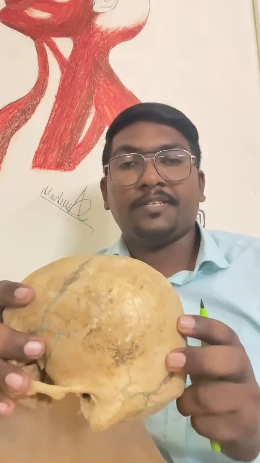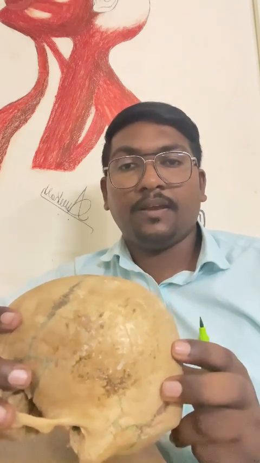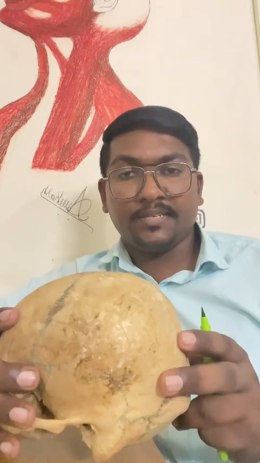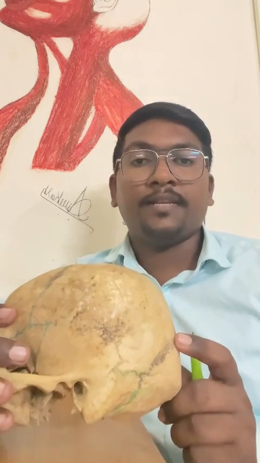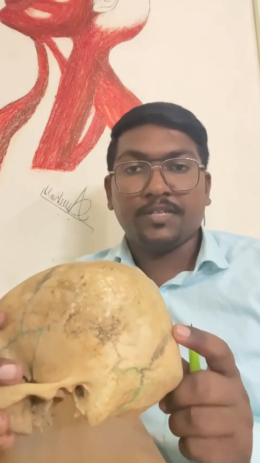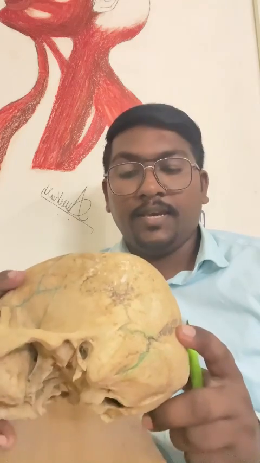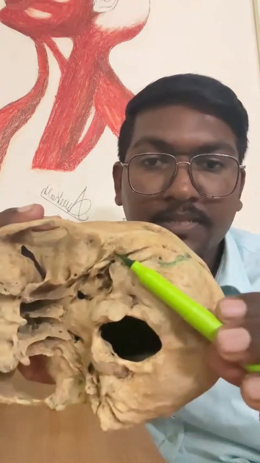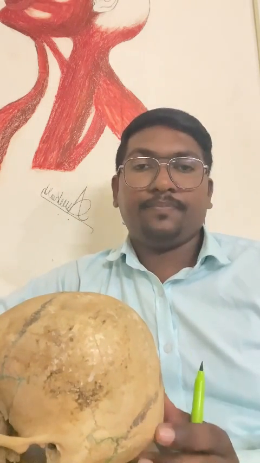One more muscle, the posterior belly of the digastric, is attached to the mastoid notch, and we can also see a groove here, which is for the occipital artery.